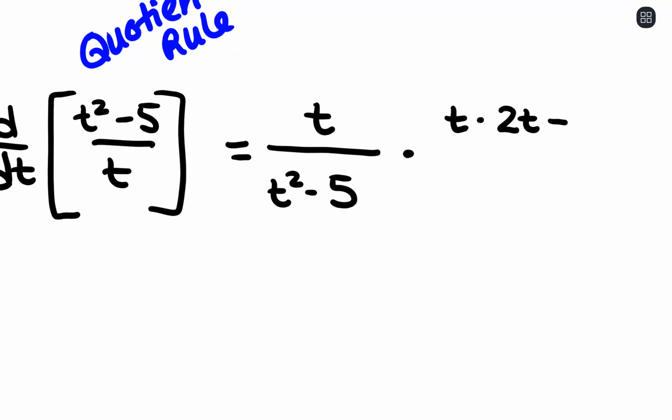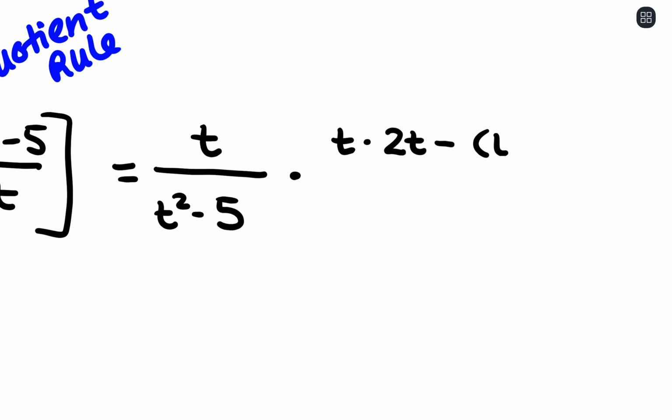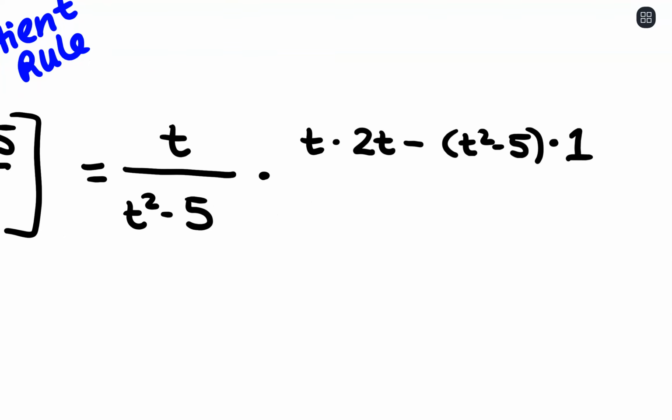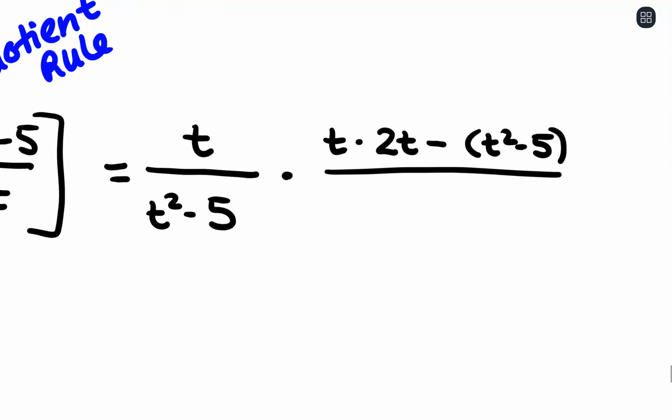And then we're going to have minus, what did I do? Low d high, so minus high d low. So we're going to have t squared minus 5 times derivative of t, which is just going to be a 1. So really we have this multiplication of 1 here, which isn't doing anything, all over low, which is t squared. All right, that negative needs to distribute in, so we're going to have negative t squared plus 5.